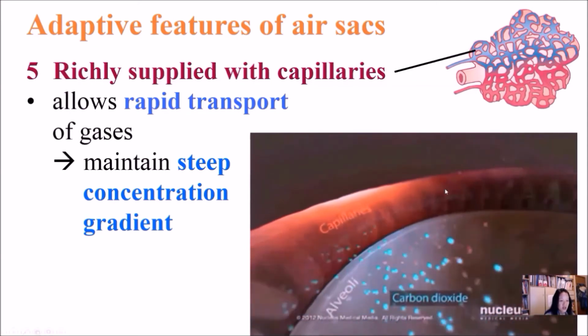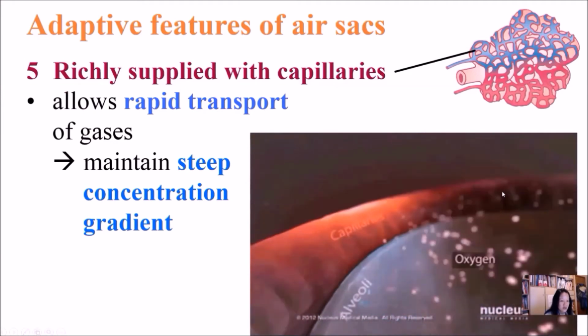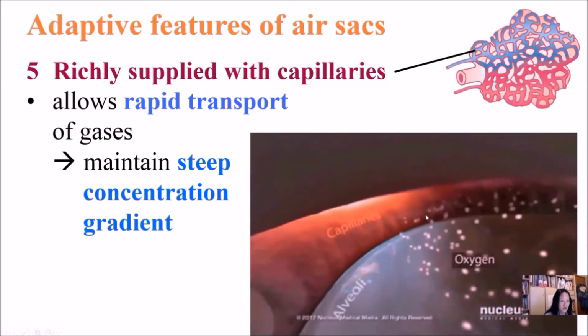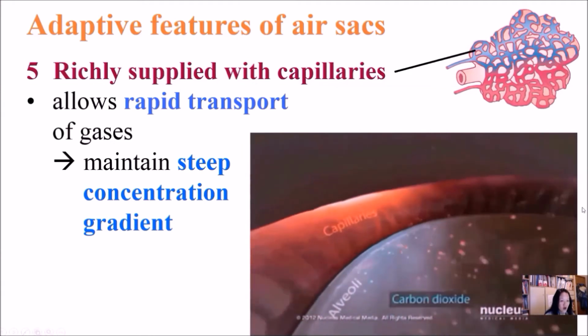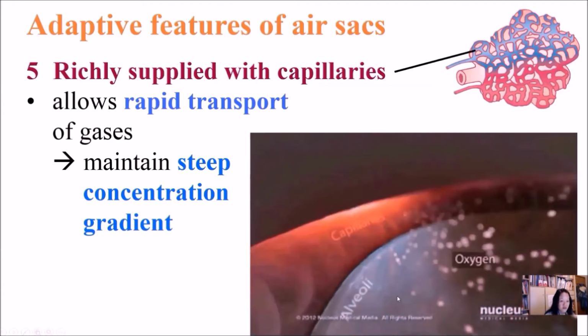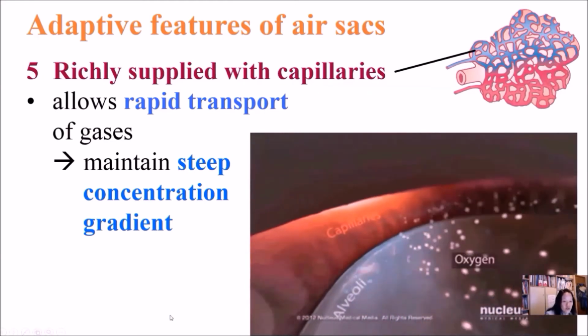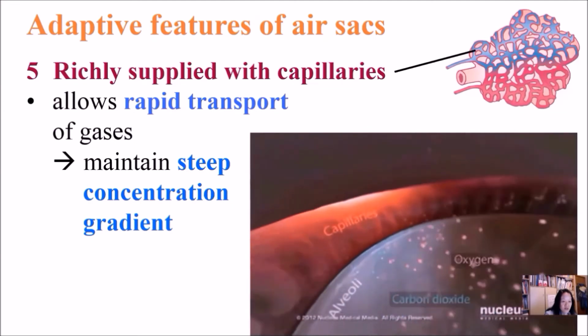It maintains a high concentration of carbon dioxide, so that carbon dioxide can diffuse into the air sac, or a low concentration of oxygen, because oxygen will be carried away. Which color represents, we have two colors here. One is pink, one is blue. Which one is the oxygen, pink or blue?